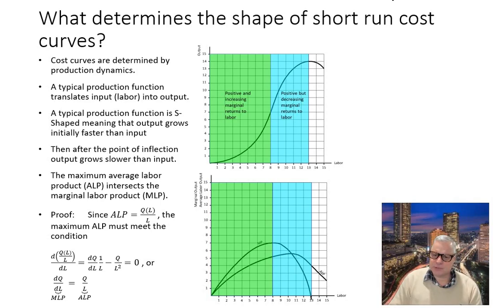So that is represented by the upward sloping production function. So as long as the production function increases faster than input, it is upward bending, and during that time we have positive and increasing specialization gains or marginal returns to labor.